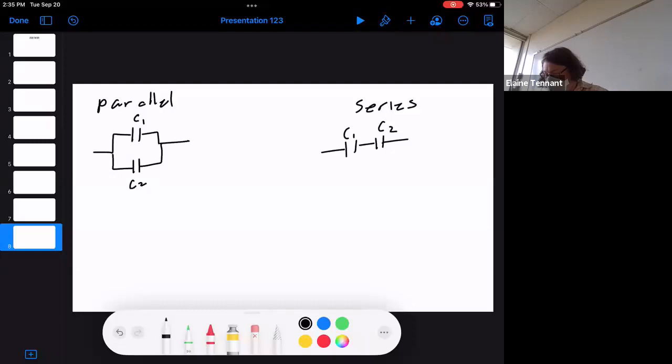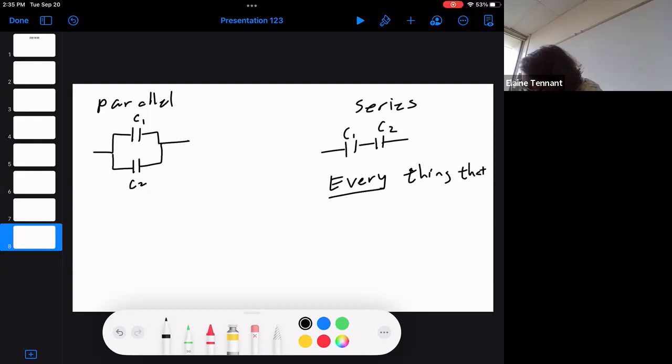Okay, we want to define these things. For series, it's important that everything that goes through 1 also goes through 2.